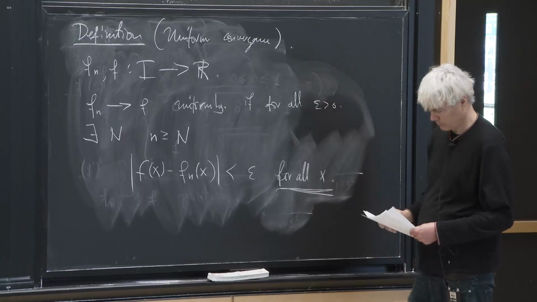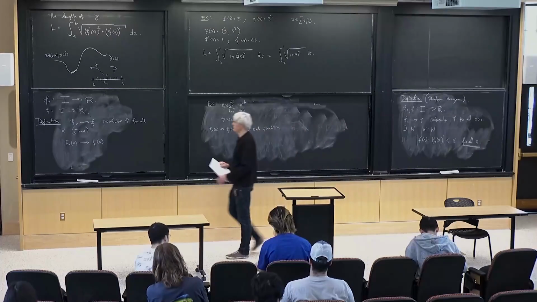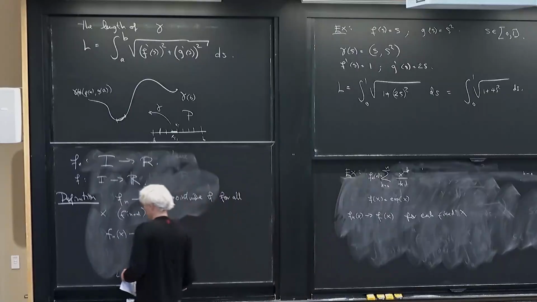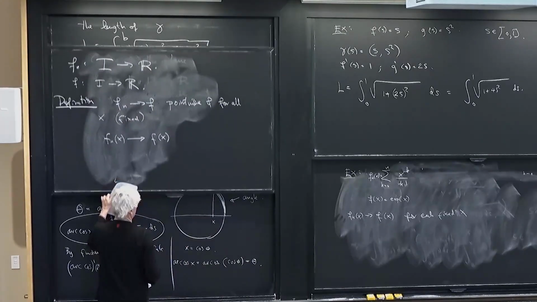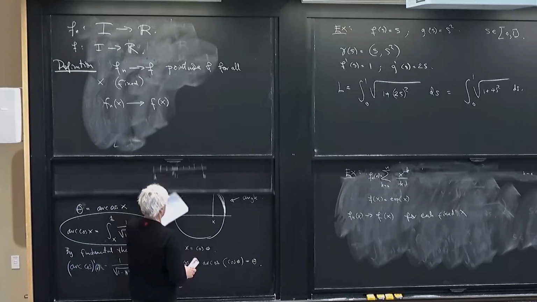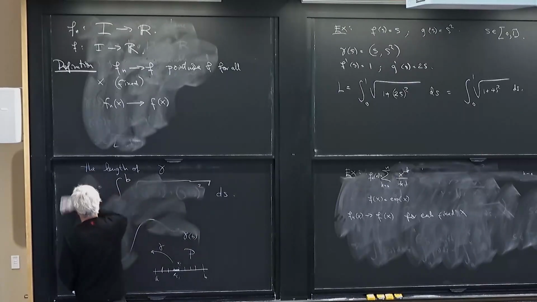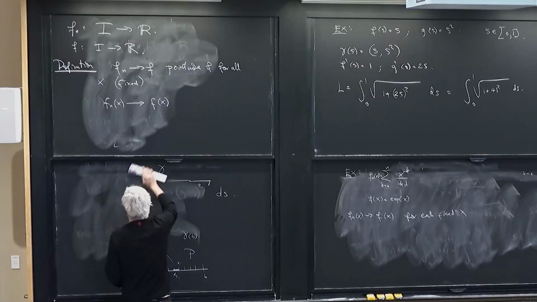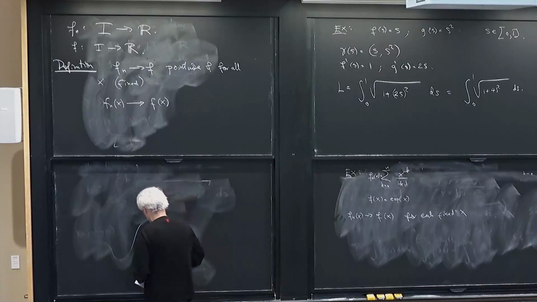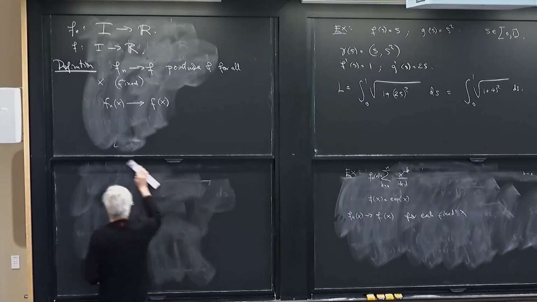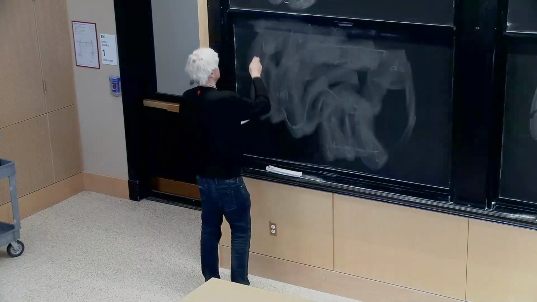You can use the same capital N for all x. And so now what you have is that if a sequence converges uniformly, then it converges pointwise. So you have the following lemma that follows directly from the definition.